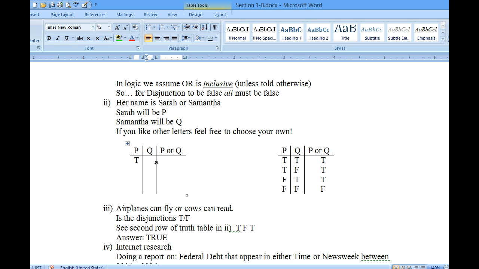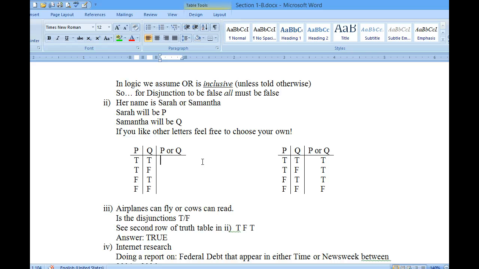So I always start out with true, true because that's fast. Moving on to the next one, true, false. The next, false, true. And the last, false, false. Now, for this to be false with an or, all of them must be false. So if I have both of them being true, her name is either Sarah or Samantha or both.